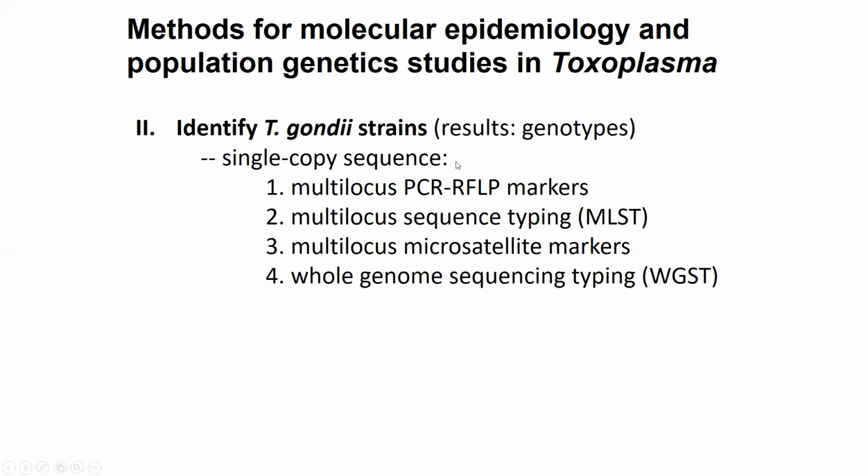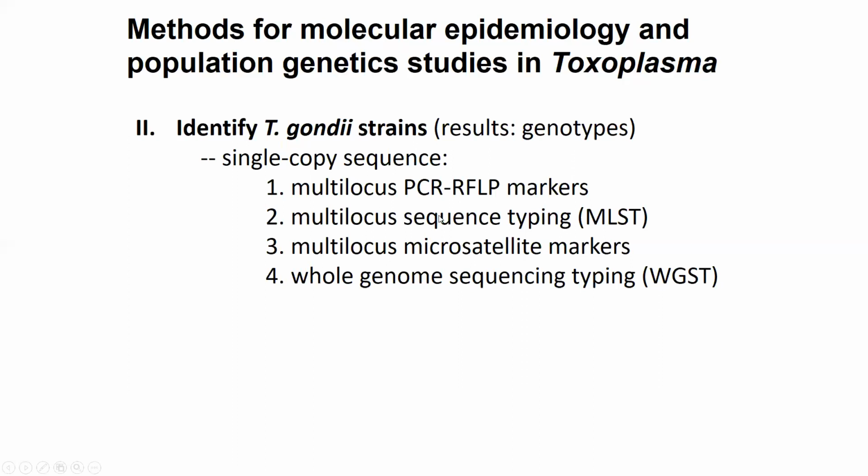Instead of, for diagnosis, wanting repetitive sequences or sequences with multiple copies, which are easier to detect, for identification you want single copy sequences. That will give you a clear result. You don't have to deal with the ambiguity of the repetitive sequence.